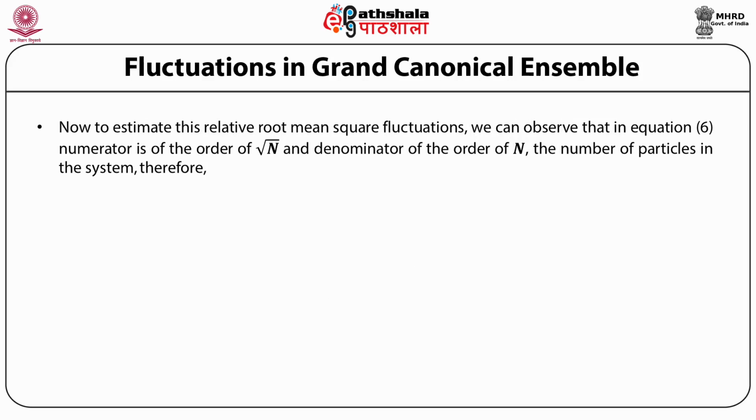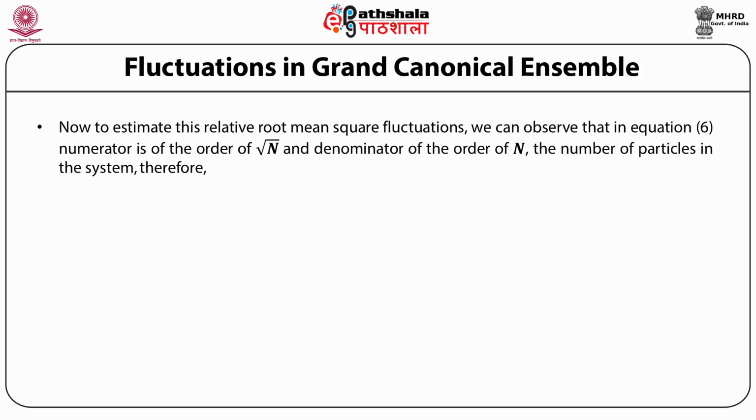Now, to estimate this relative root mean square fluctuation, we can observe that in equation 6, the numerator is of the order of square root of n and the denominator of the order of n, the number of particles in the system.